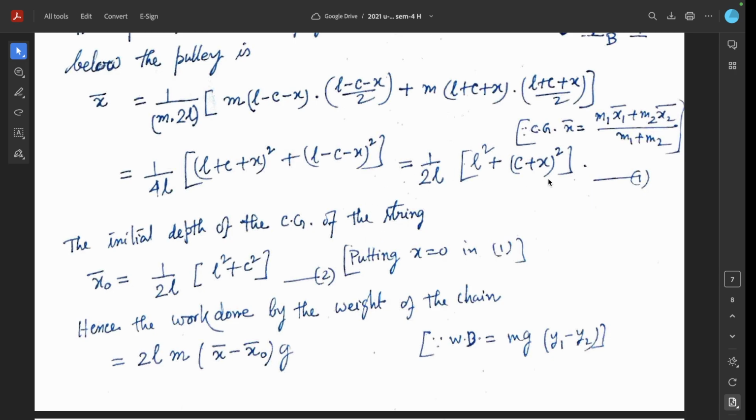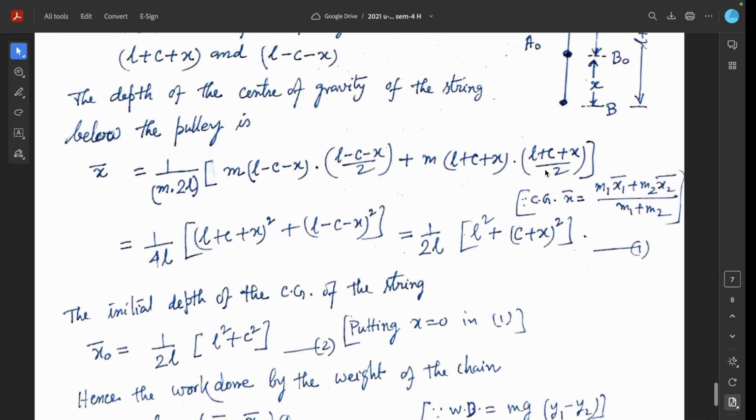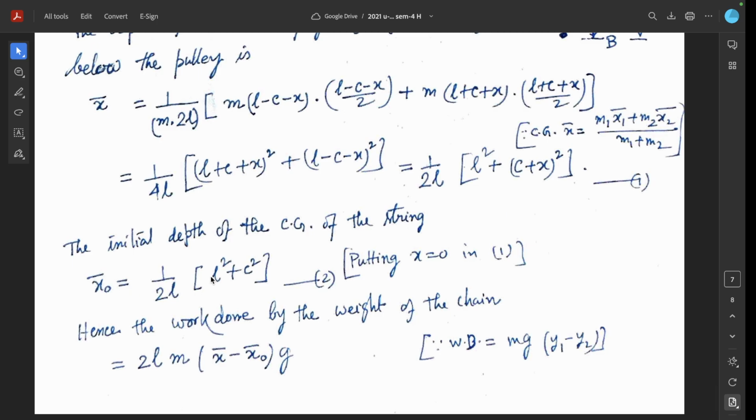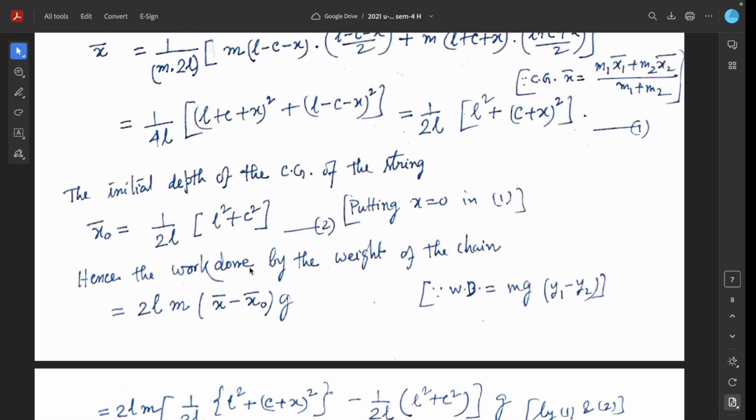The initial depth of the center of gravity of the string is x0 bar. Actually, we are putting x equal to 0, no displacement. So x0 bar equal to 1 by twice L, L square plus C square. Hence, the work done by the weight of the chain is mg into y1 minus y2, that is twice Lm into x bar minus x0 bar into g.